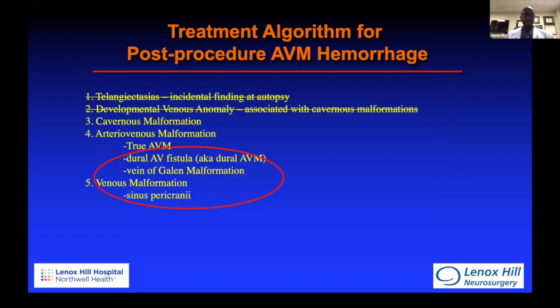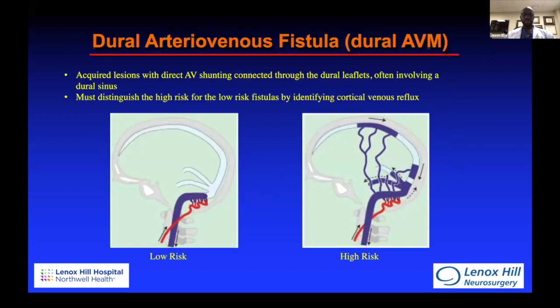So let's talk about some of the other malformations. Dural arteriovenous fistulas are another type of high flow vascular brain lesion with AV shunting. These are interesting lesions. They can be characterized into low-risk lesions and high-risk lesions.